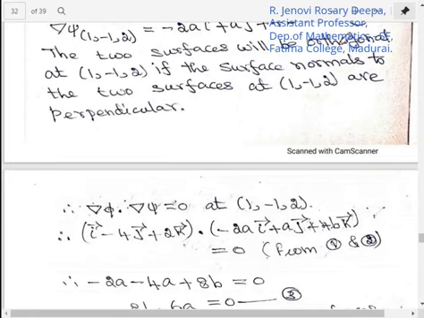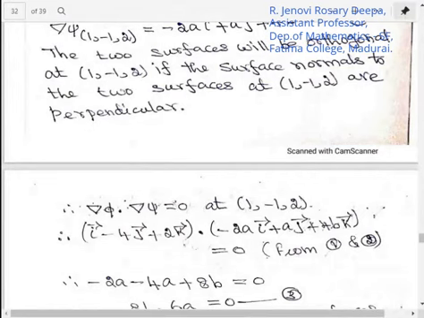Now you know that the normal to a surface is given by the gradient. So that means the gradients of the two surfaces are perpendicular to each other at the particular point. Both gradients are vectors.